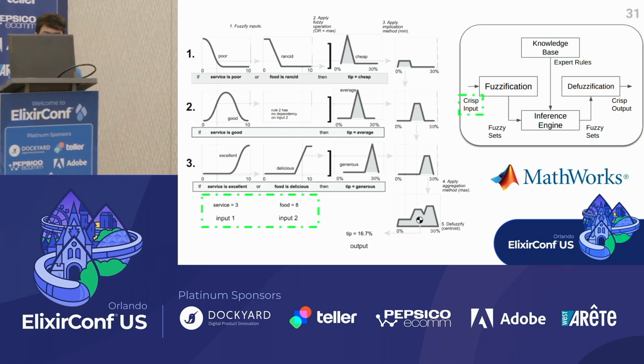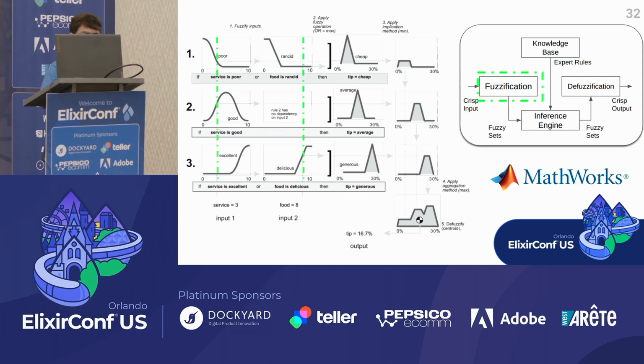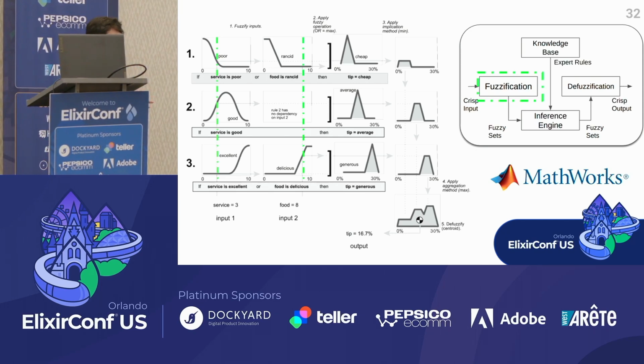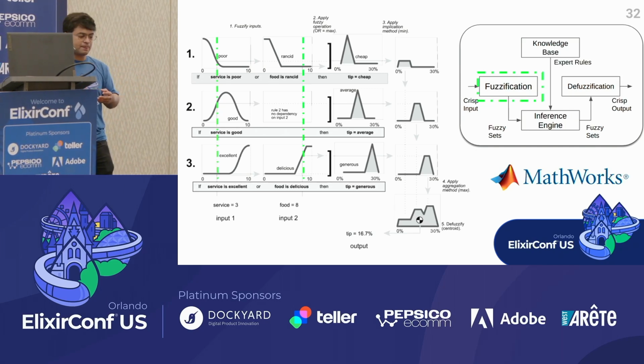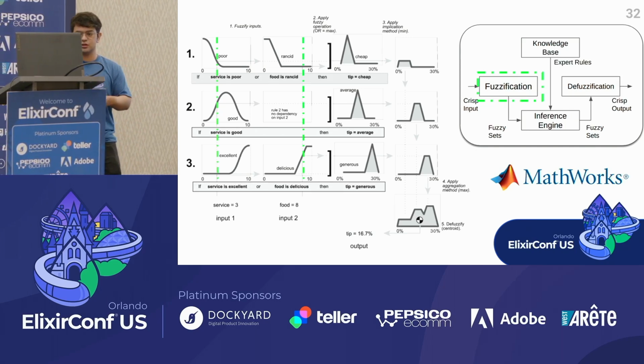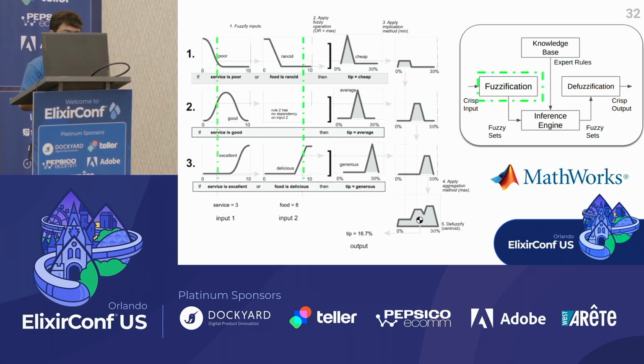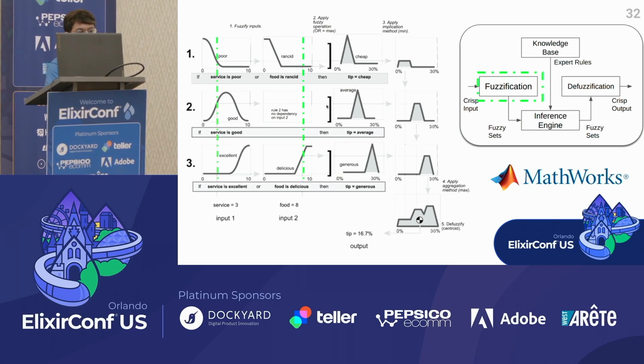Then the next step is to pass these inputs into our fuzzy sets, which means that we are going to compute every membership function related to the fuzzy sets. In this case, we can show that they have different values. Then we have to compute the rules.